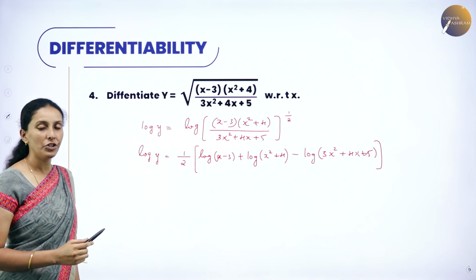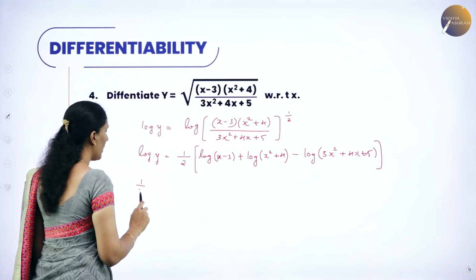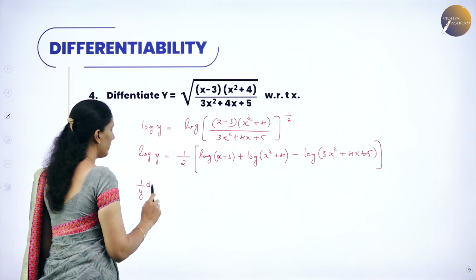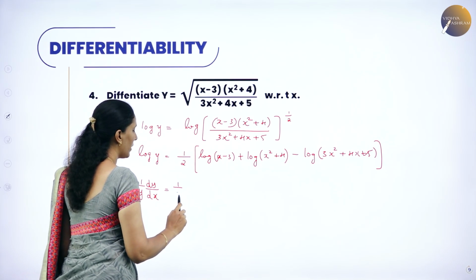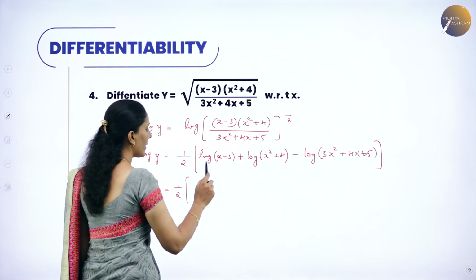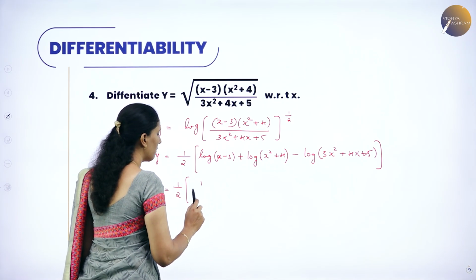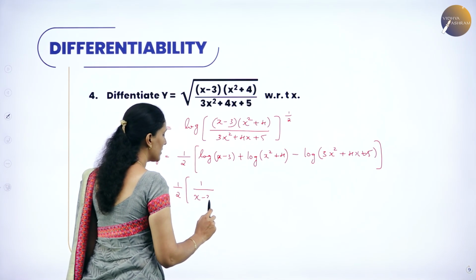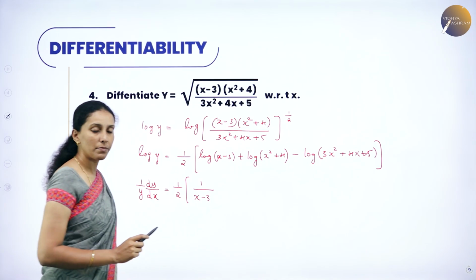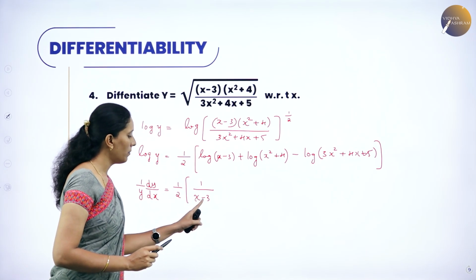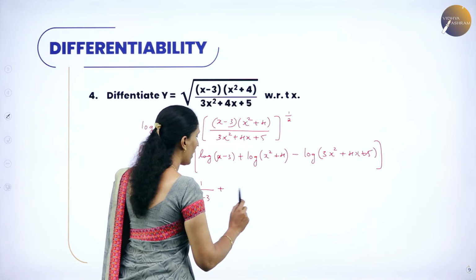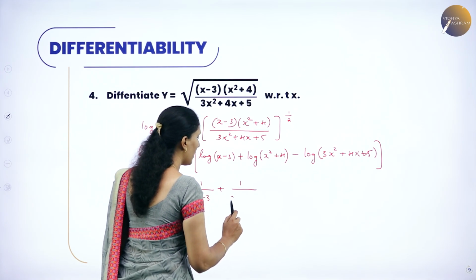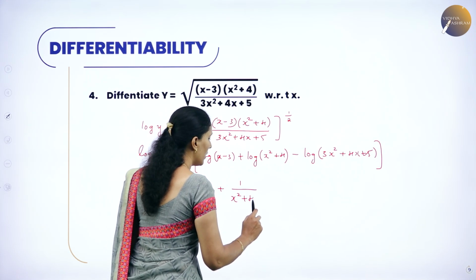Now we can differentiate it on both sides. 1 by y dy by dx is equal to 1 by 2 into, log (x minus 3) gives 1 divided by (x minus 3), and differentiation of x minus 3 is 1 minus 0, which becomes 1. Next we have log (x square plus 4), which becomes 1 divided by (x square plus 4).